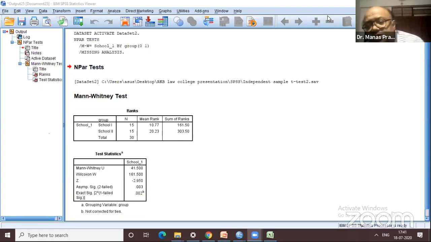Now we are considering the two-tail test. I don't want to go into the details for the two-tail test, because time is not there. So this is the two-tail test value. It's less than 0.05. That means we have to reject the null hypothesis that the IQ levels of school 1 and school 2 are the same. That means they are not the same, they are different. Okay.